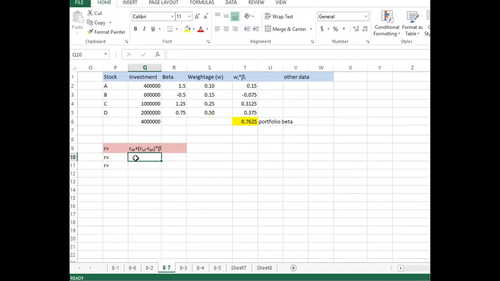Expected return is equal to the risk-free return, which is given as 6%, plus market risk premium: 14% minus the risk-free return, which is 6%, multiplied by the portfolio beta, which is 0.7625. So the expected return is 12.1%.